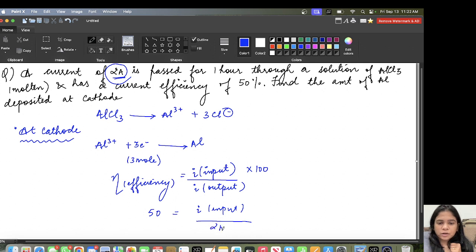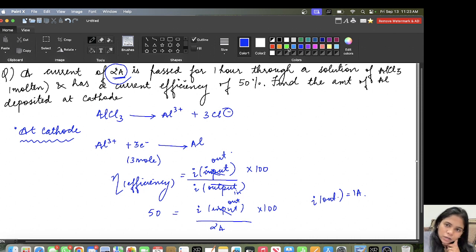So 50 equals I output by 2 into 100. On solving it, your I output will be 1 ampere.